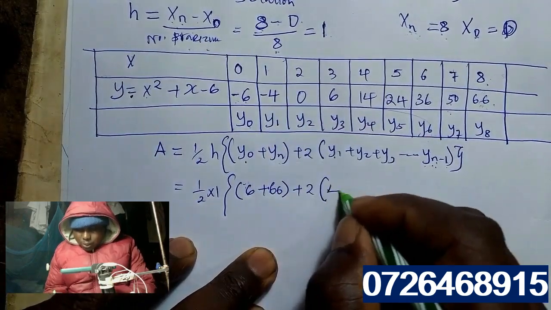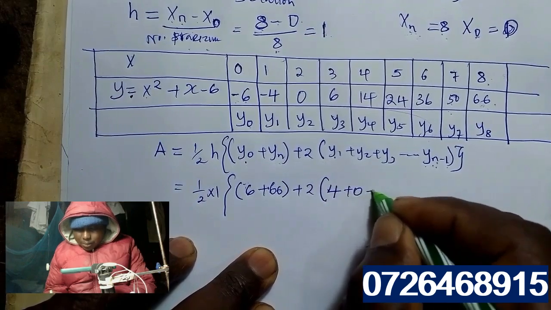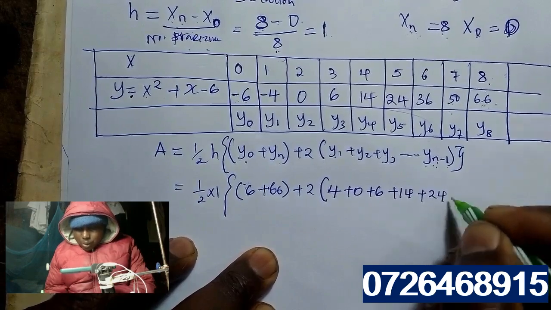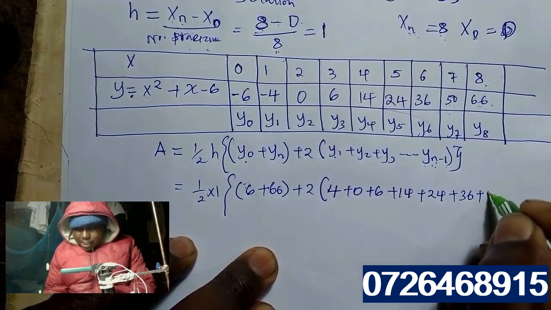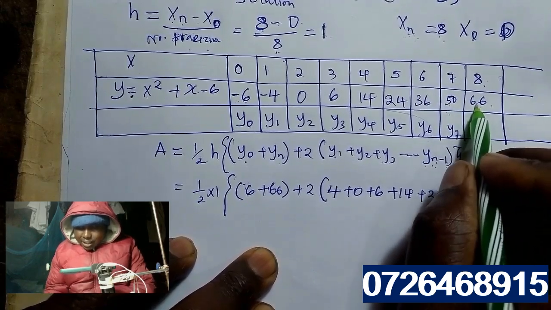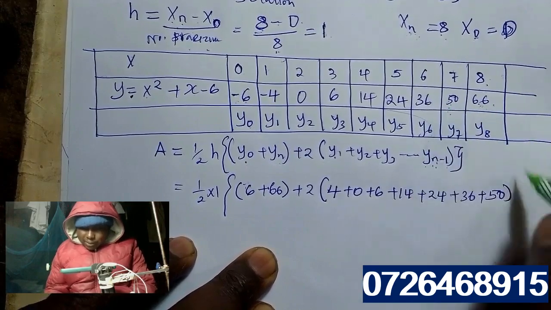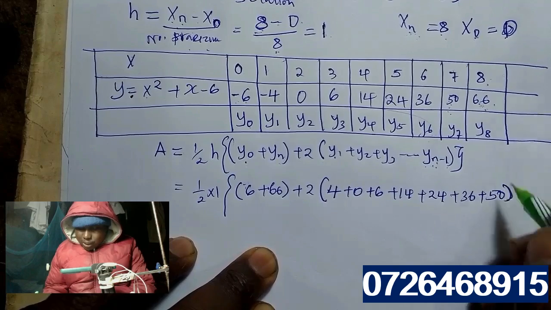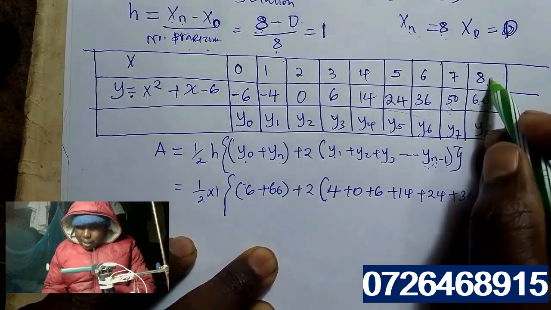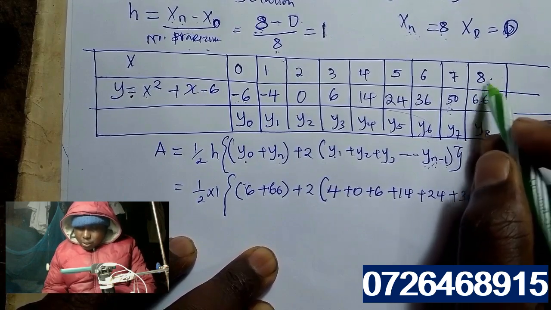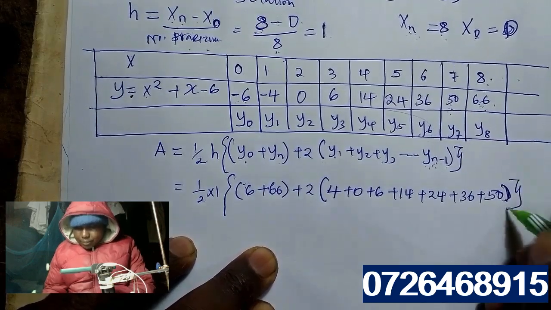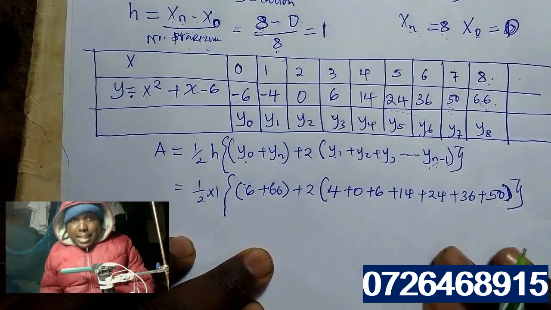Y1 is negative 4, so 4 plus 0 plus 6 plus 14 plus 24 plus 36 plus 50, and that is the final, which is n minus 1, that is 7. So we go up to 50 and stop there. So yn minus 1 means you reach 7. If here it was 9, you reach 8. If it was 10, you reach 9. That is what it means.